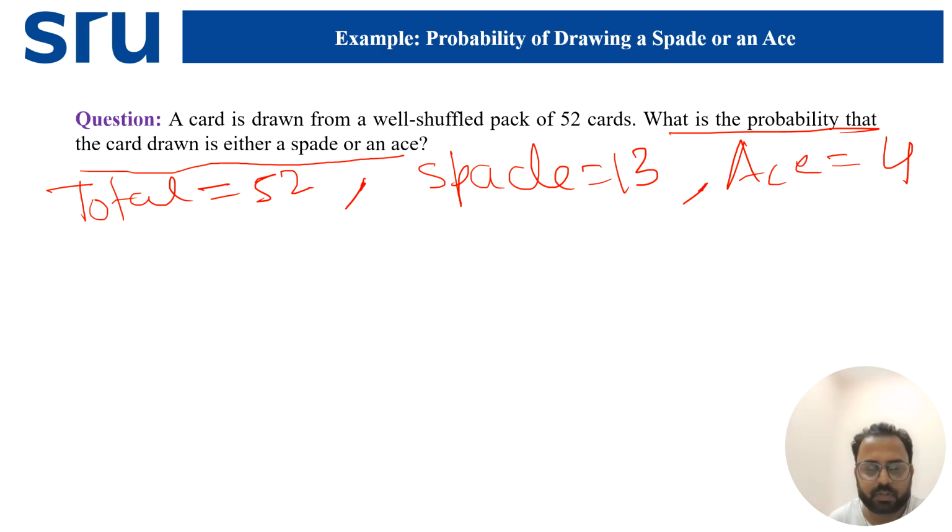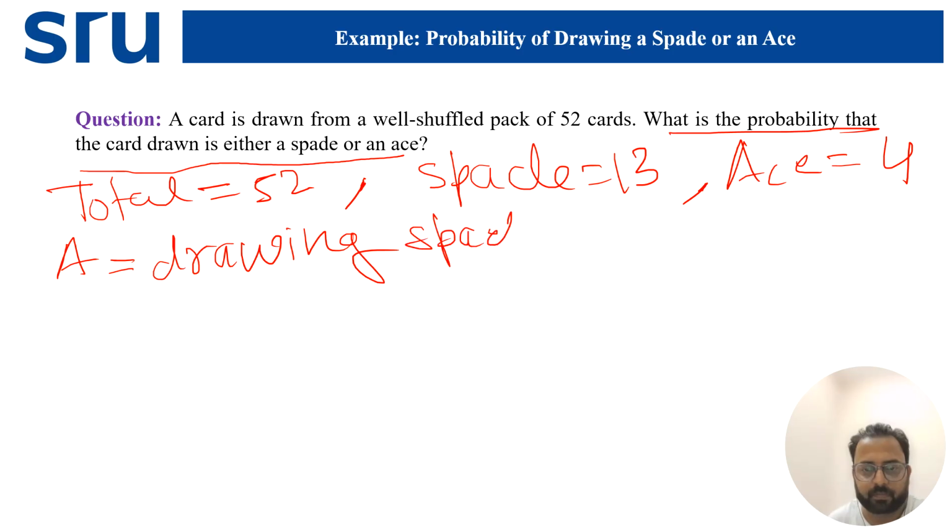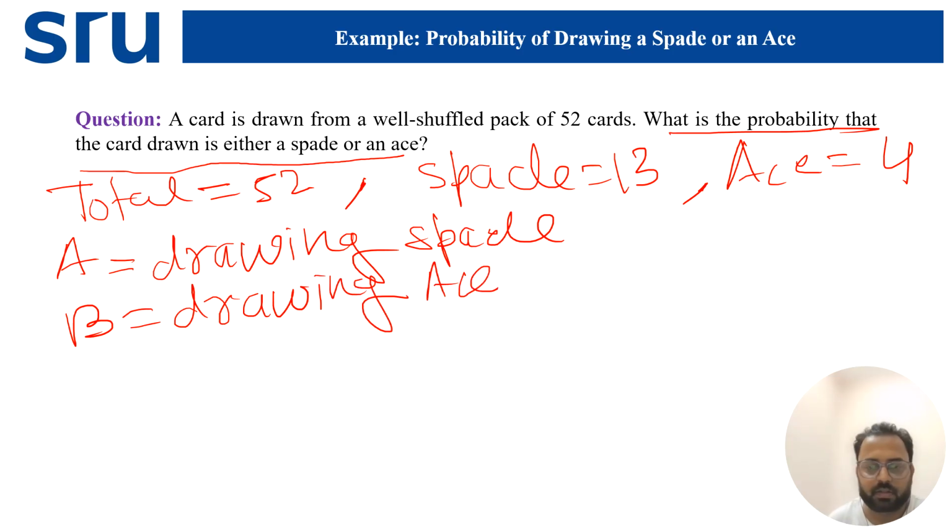So let us suppose A is the event of drawing a spade card, and B is the event of drawing an ace card. So in A intersection B, one card is common, the ace of spade.